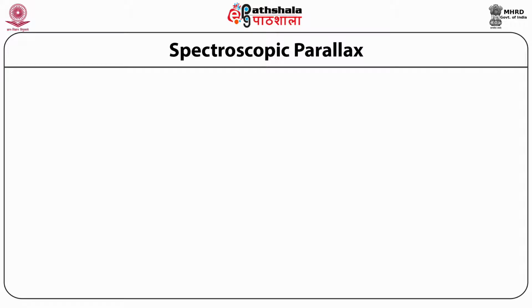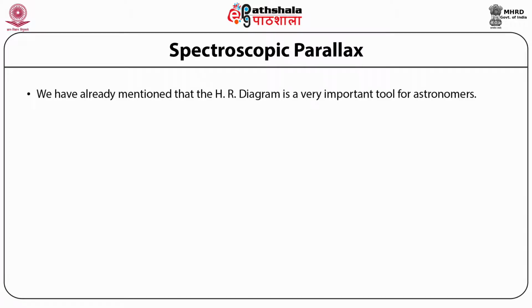Spectroscopic parallax. We have already mentioned that the HR diagram is a very important tool for astronomers. One of the things that they can do with its help is to determine the parallax of a star when parallax cannot be found by a trigonometric method.